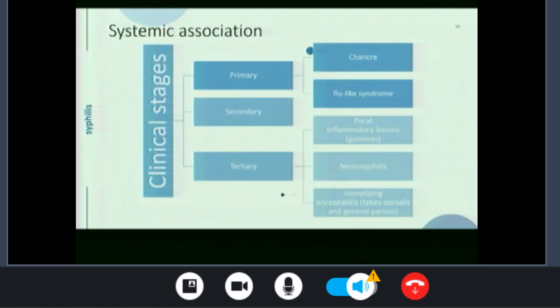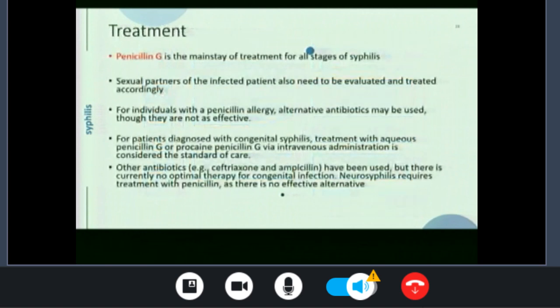Syphilis presents in three stages: primary, secondary, and tertiary. The primary is like flu-like symptoms with skin lesion, and the tertiary is like neurosyphilis and necrotizing encephalitis. The main treatment of syphilis, as we mentioned earlier, is penicillin, especially if it is congenital syphilis or neurosyphilis.